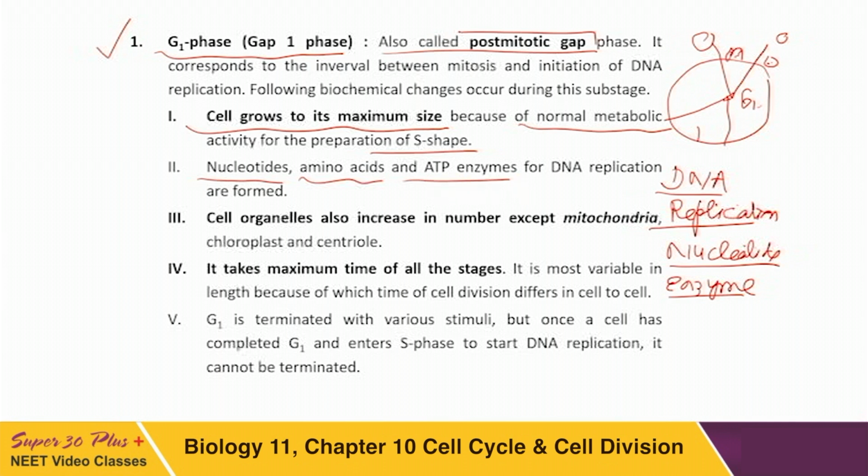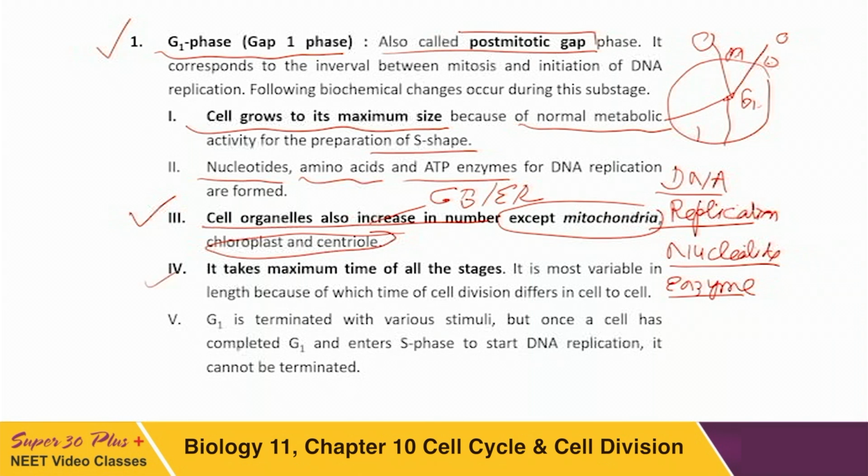Nucleotides, the amino acids which will make the protein, and energy-giving ATP molecules will be synthesized here in G1 phase. Important one, cell organelles also increase in number except mitochondria, chloroplast and centriole. All others, for example the Golgi body and ER, will be duplicated here.